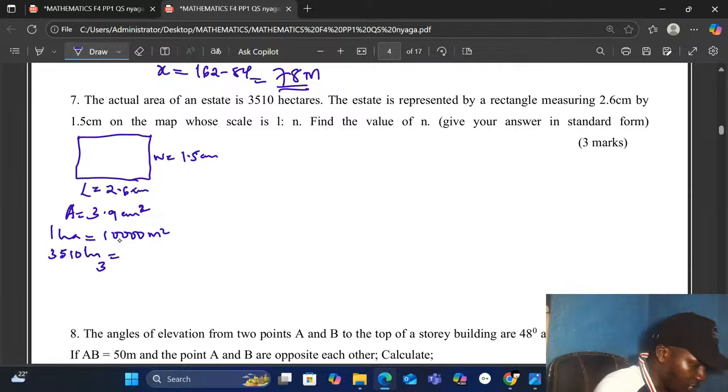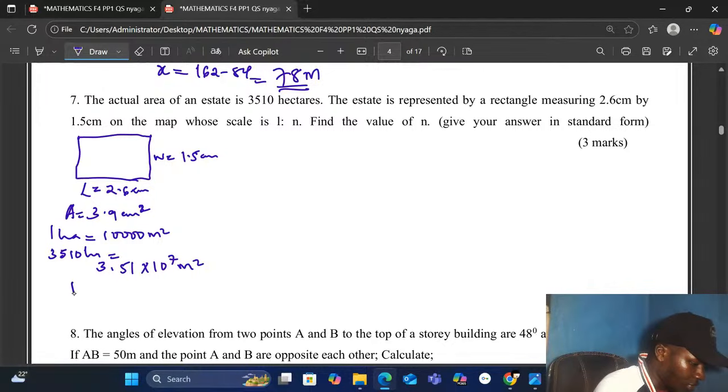That means it's 3.51 times 10 power 7. When you multiply, we count the number of zeros, 1, 2, 3, 4, 5, 6, plus that one decimal place. We have 10 power 7 square meters. That is now the area.